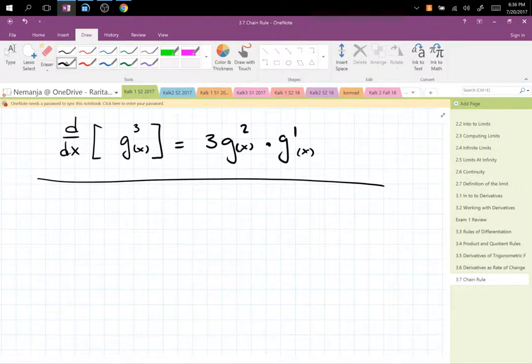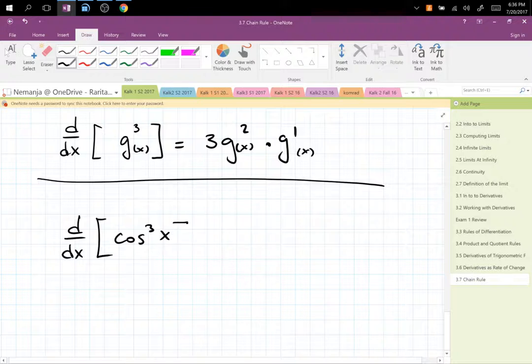Let's see, how about if I say, what is the derivative of cosine cubed x? What is the main function? Beautiful. It's still this.